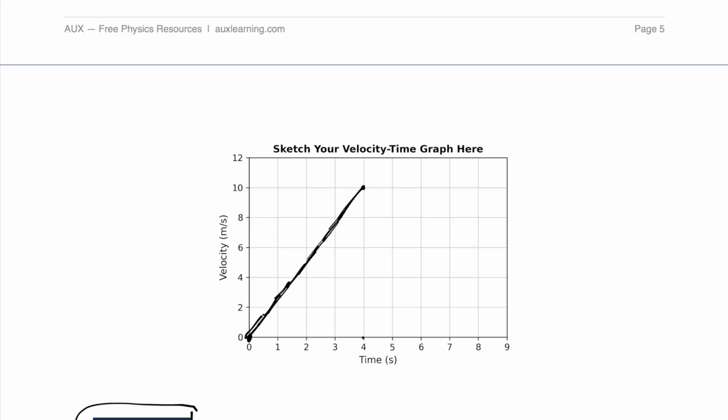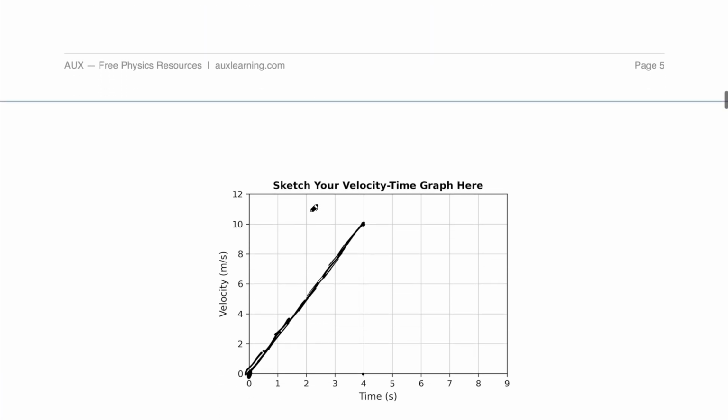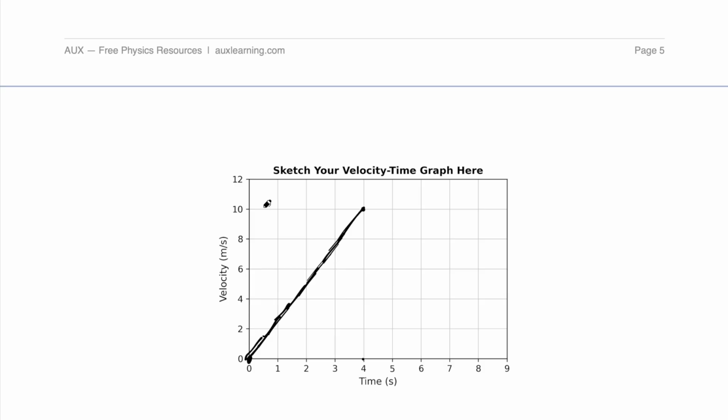Okay, right? Pretty straightforward. Then it travels at constant velocity for 3 seconds. So that means it stays at this velocity. It just travels like that for 3 seconds. It doesn't change. Okay, so till 7, it's like that.